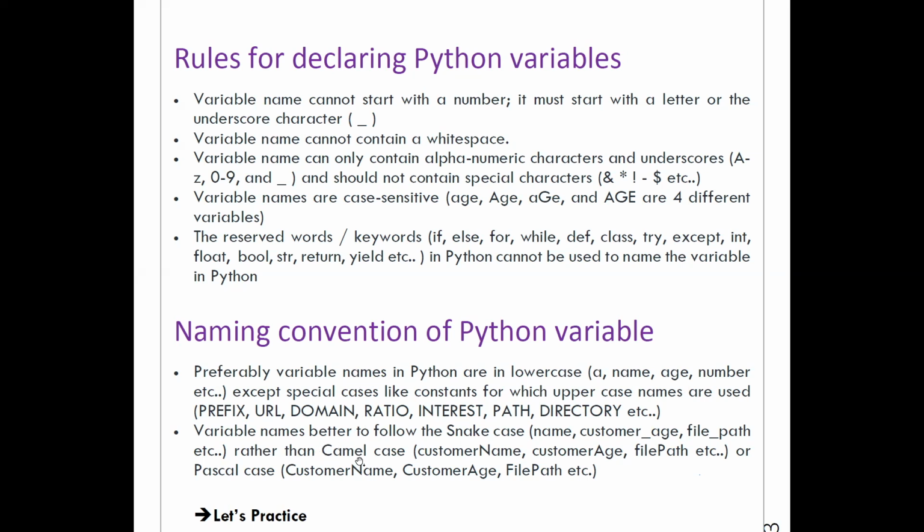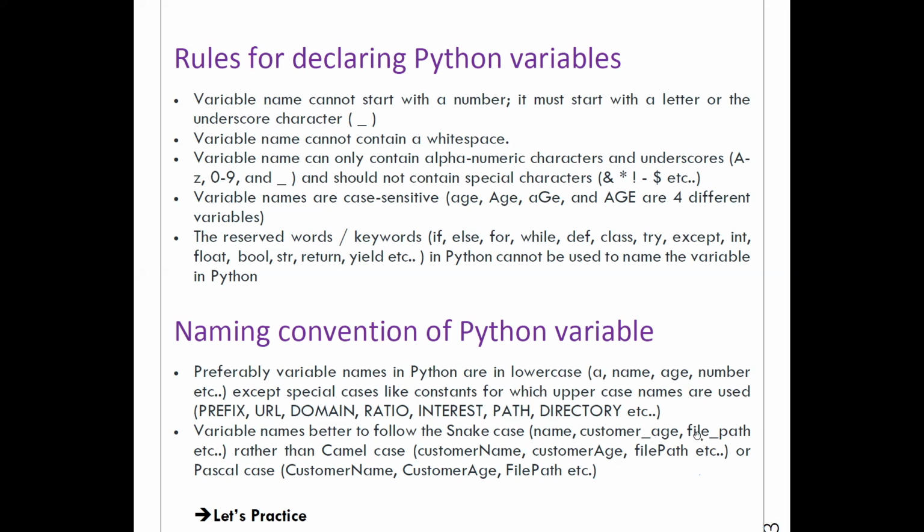Okay. Another convention suggested, another suggestion: variable names, better to follow snake case. What is snake case? Snake case will combine lowercase words with an underscore. Like for example, customer_age, file_path, number_of_values, all those things connected with an underscore in lowercase.